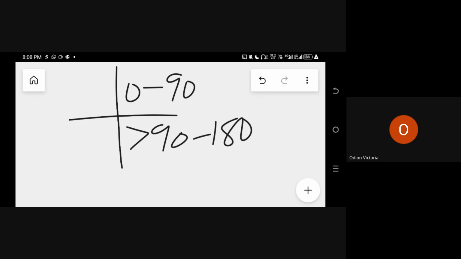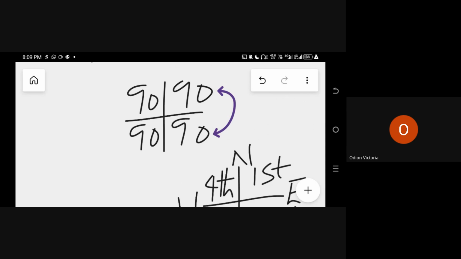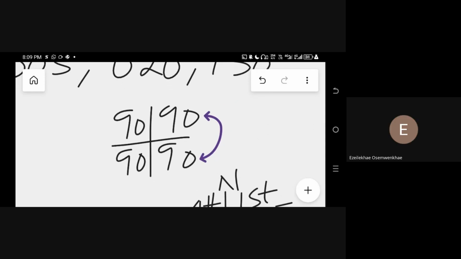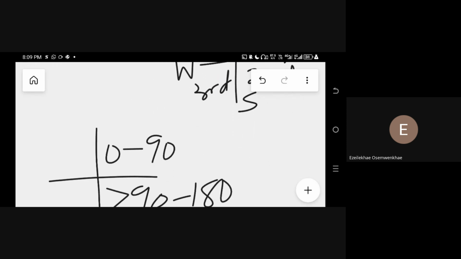The 270 is correct. It is this 180 you're saying. No, in the third quadrant it cannot be 180 now. The first is 0 to 90. The second is greater than 90. Greater than, that is the word.